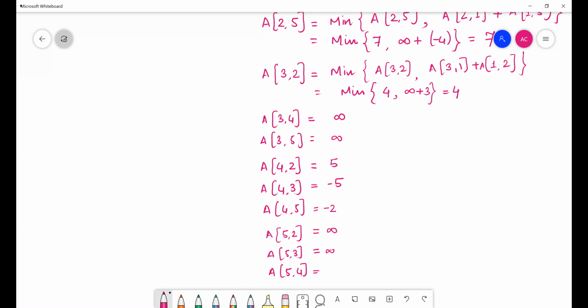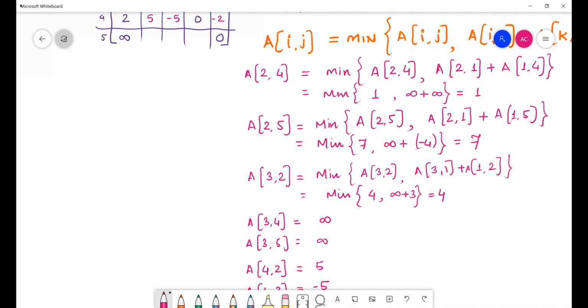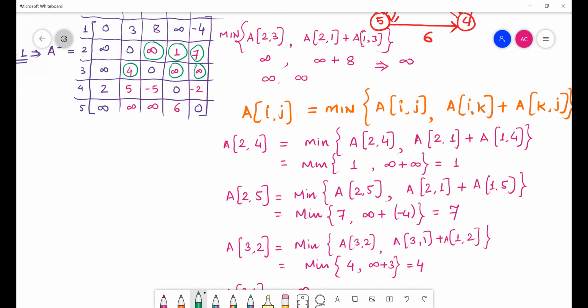And 5 to 4? 6. So substitute those values, put those values here: infinite, infinite and 6. So these are the new values that we have got.